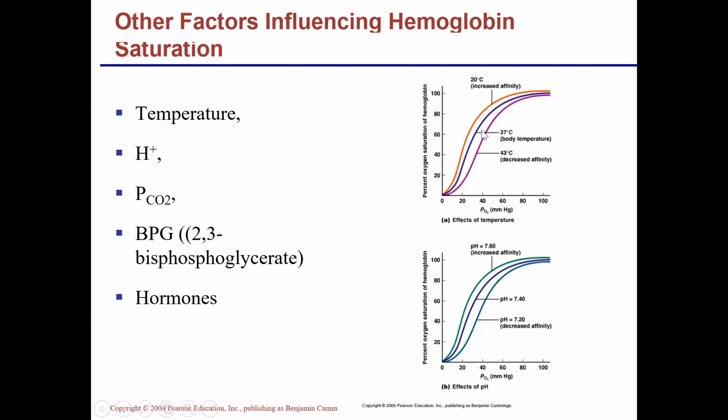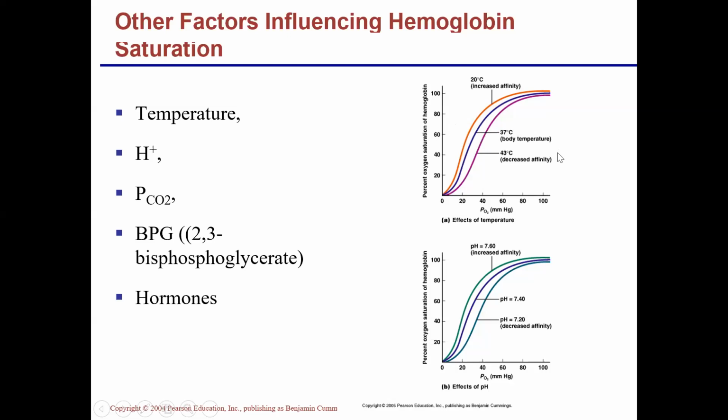Before, at PO2, partial pressure for oxygen at 40, the saturation is about 70. But if you increase temperature, then this curve is going to shift to the right, and you use the same principle. If you draw a line from partial pressure at 40, you see the saturation is only 60.